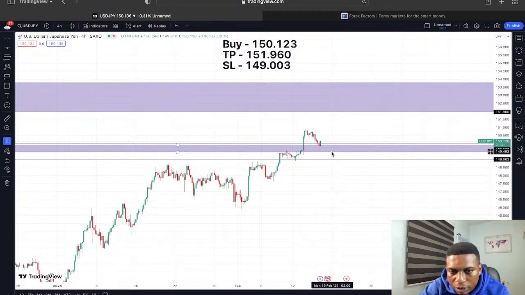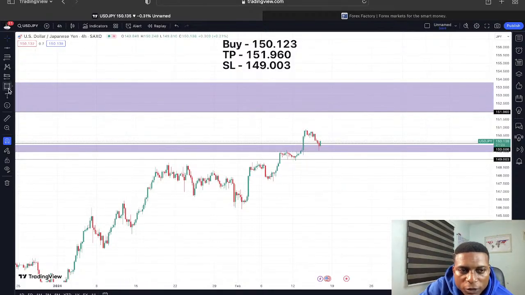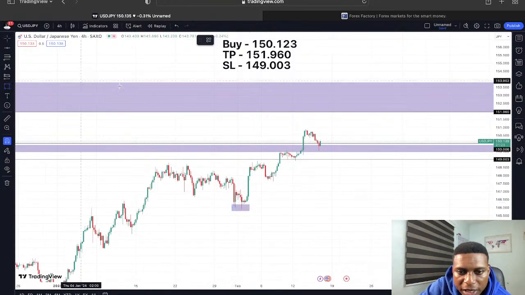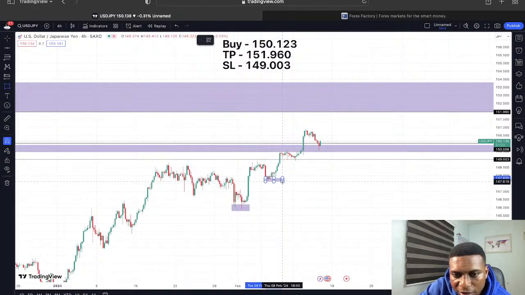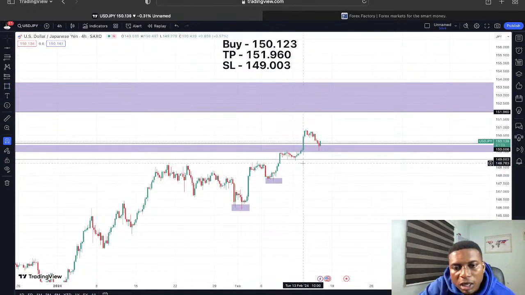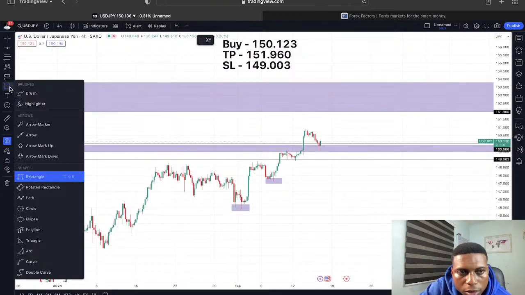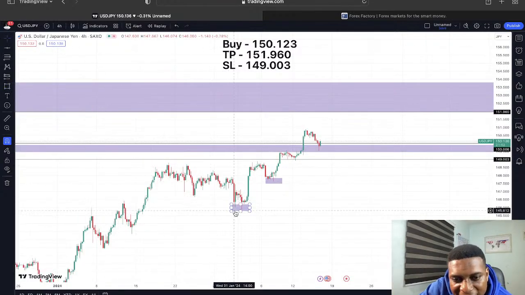So when you look at what price did here, observe these levels that I'm marking out now. You will discover that at this level, you can see how price rejected up here and then the buy momentum came in.